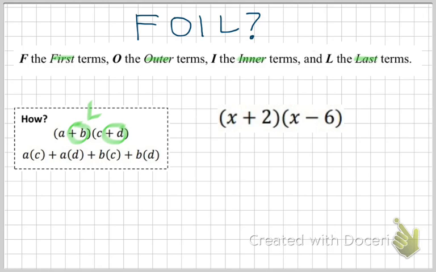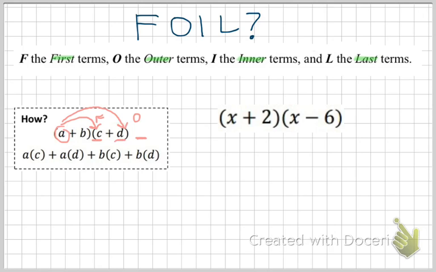FOIL. Okay, so the way we multiply using the FOIL method is we multiply the first terms, that is our F. We multiply the outer terms, that's the O. And if you notice, this term is multiplied with this and with this.